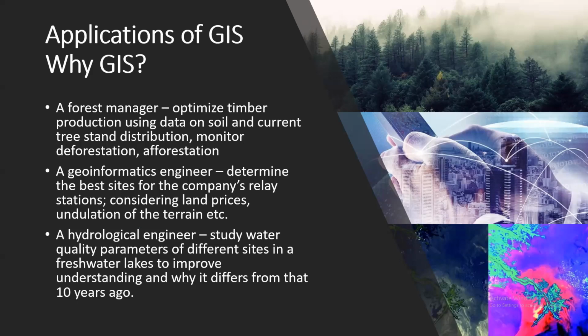You can use GIS, applying different parameters and criteria, looking at the different soil types, weather, rainfall, and temperature patterns, and determine the best areas, in case you want to set up a private forest for timber production, where to buy the land and set up that structure.